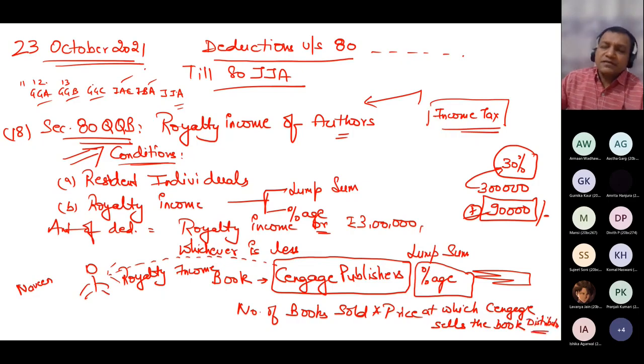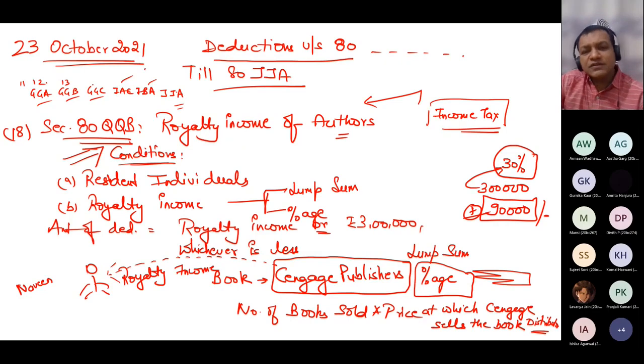As a retailer or as a consumer, the person who is purchasing the book might be purchasing it at MRP or at 5 or 10% discount. But the bookseller must also be earning something. So royalty is not given on MRP always.